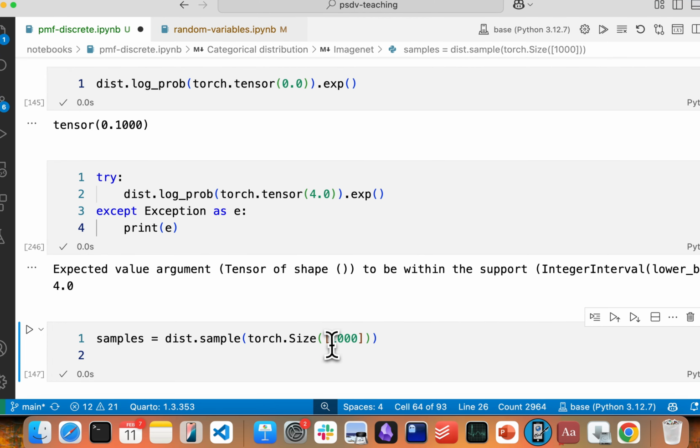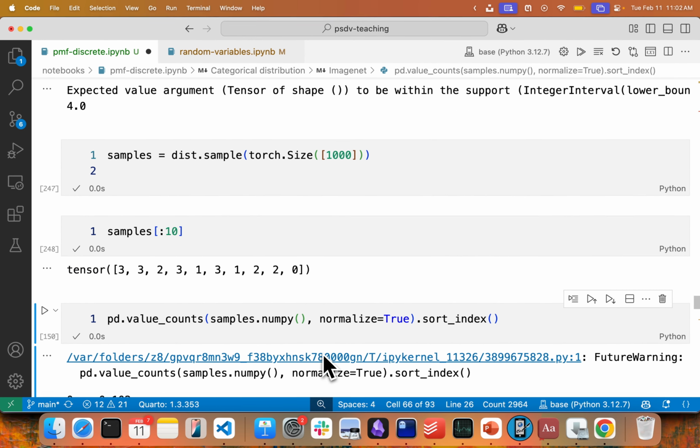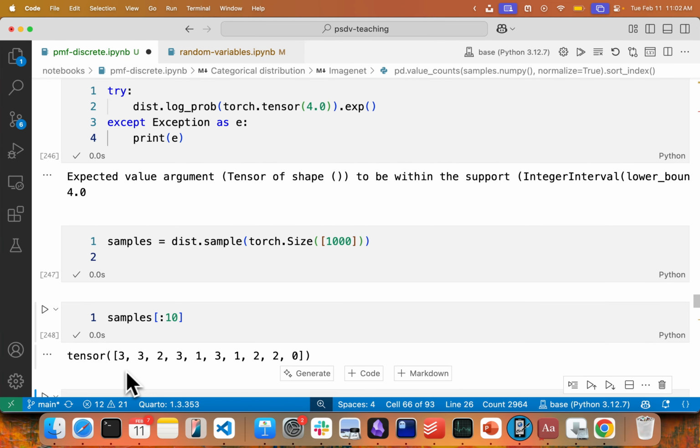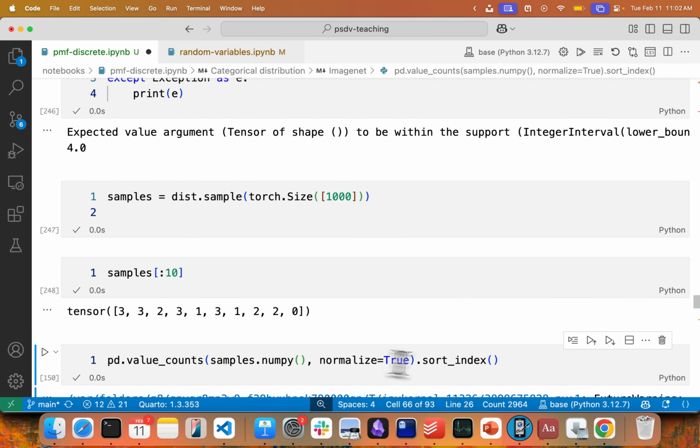If I drew 1,000 samples, as I'd done previously for Bernoulli, and looked at the first 10 samples, I'll get 3, 3, 2, 3, 1, 3, 1, 2, 2, 0. You see a lot more 3s and 2s because those states had higher probability as per the PMF. If I ran this one-liner, what do you expect as the output?